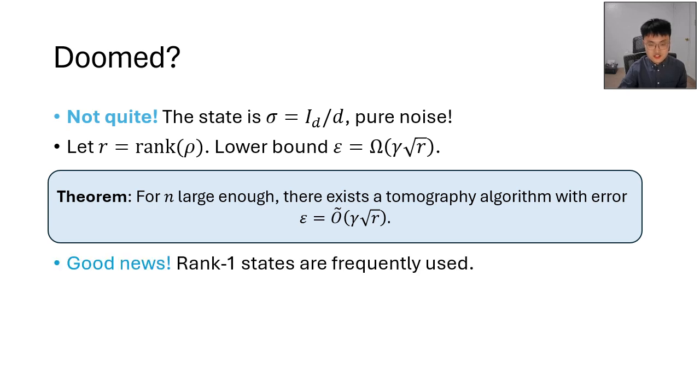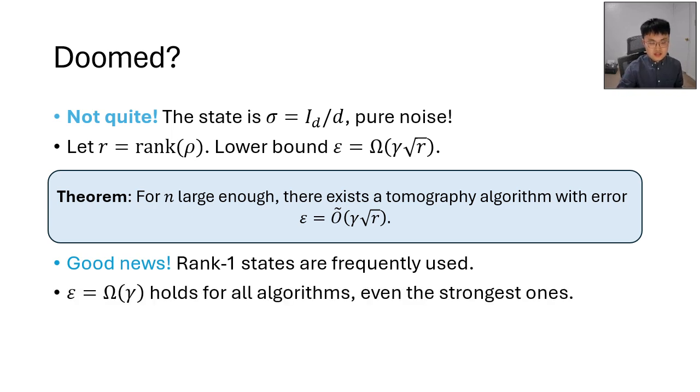This is very good news because in many quantum algorithms, we would use rank 1 states. And for those states, our result basically says we can achieve a dimension-independent error.